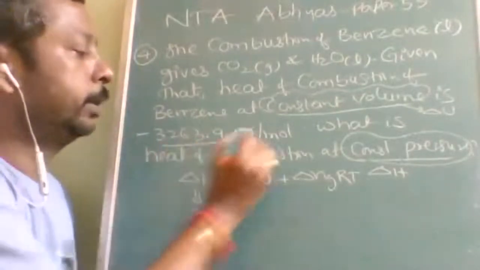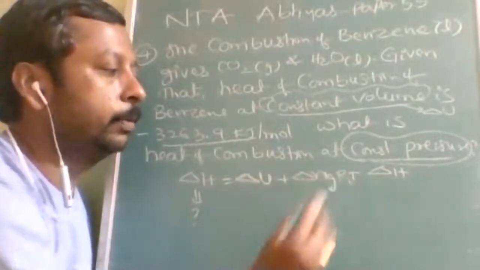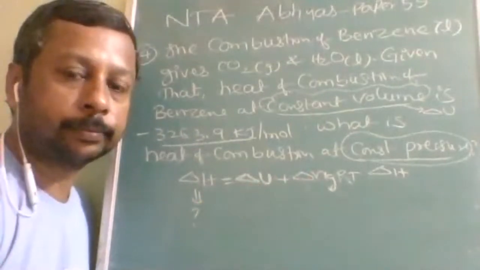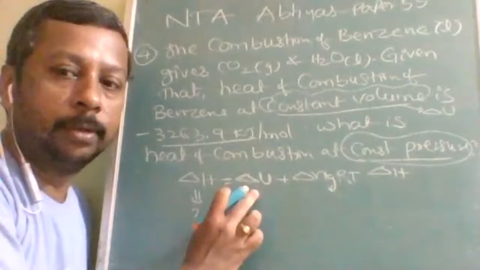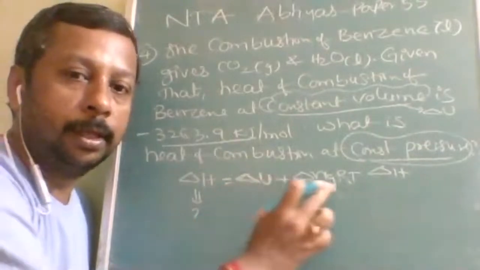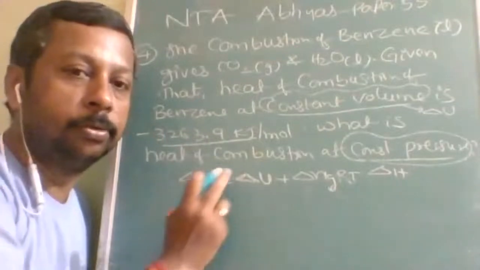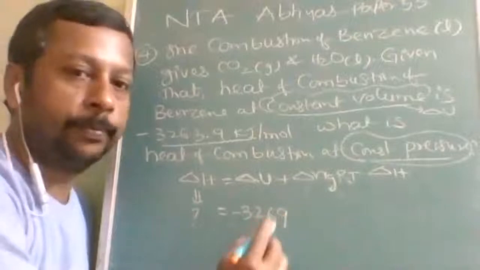This is given in kilojoules, so this RT term will come in joules. To avoid that, either convert this into joules, or convert it into kilojoules. Best option, if it is already in kilojoules, then you can write it as minus 3263.9 plus delta Ng.